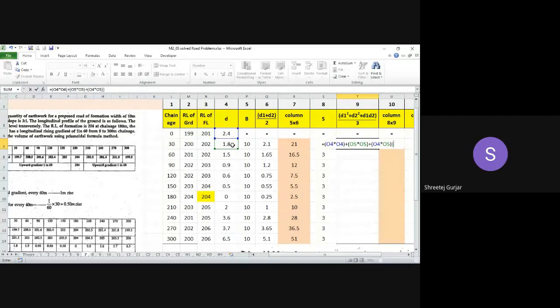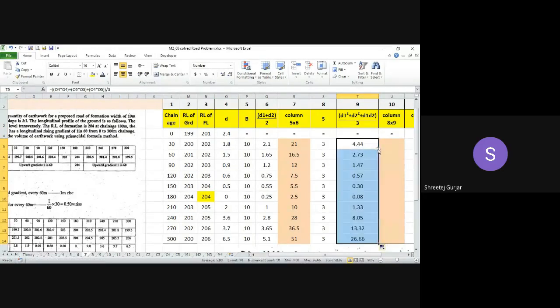Include a bracket over here. So I have calculated this whole term, D1 squared plus D2 squared plus D1 D2 by 3. This is applicable for your whole column that I have written down.